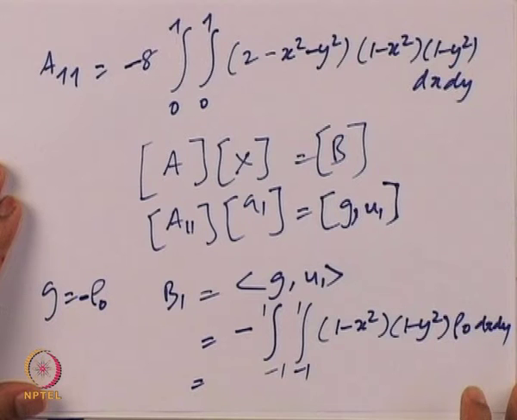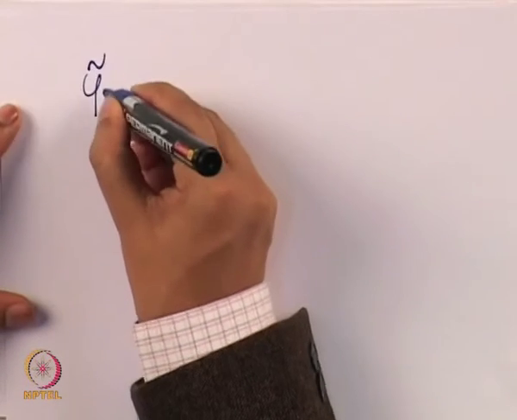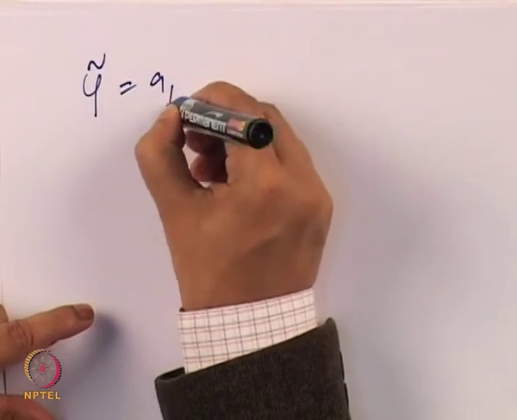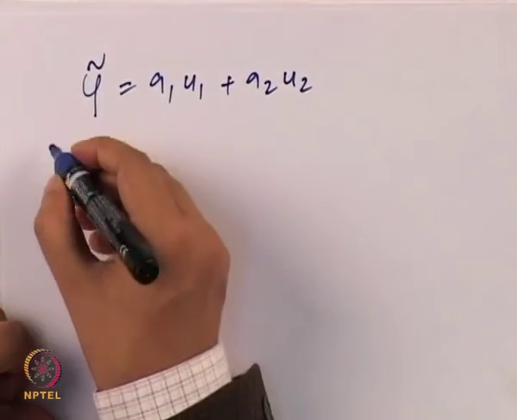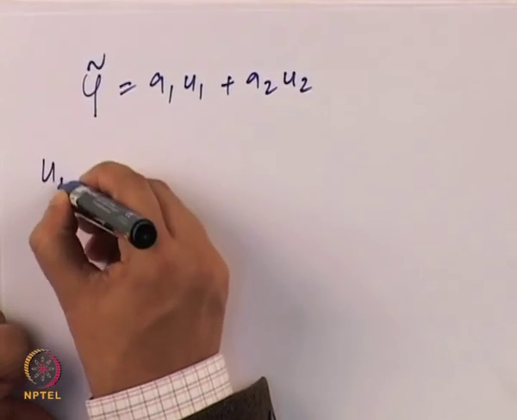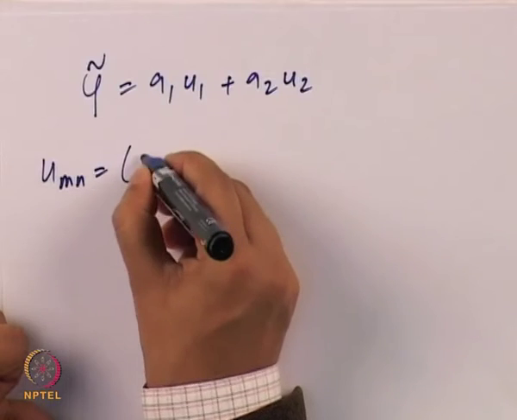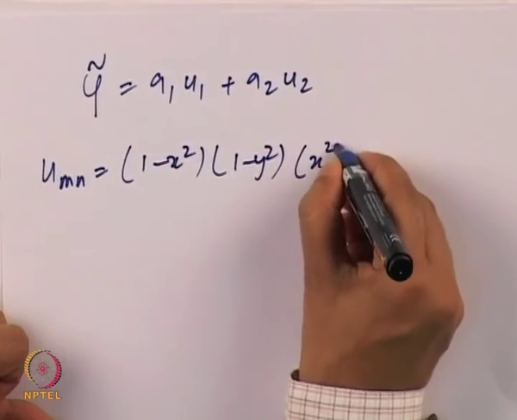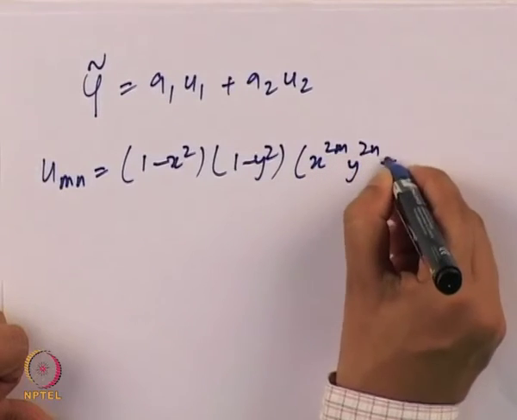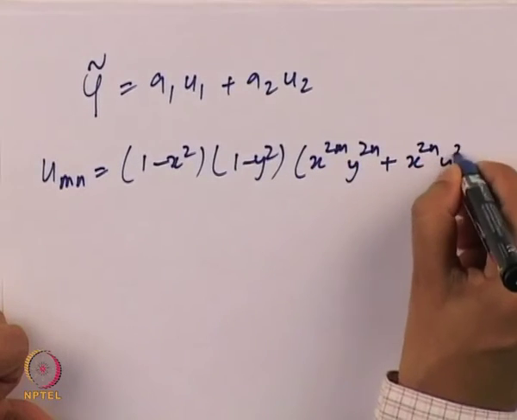Now let us look at what happens if I increase the value of n to 2, n equal to 3, n equal to 4, and so on. If n is equal to 2, you will have 2 basis functions. So phi tilde is equal to A1 U1 plus A2 U2, and you will compute the value of U2 from the general equation of U of m comma n, which we described as (1 minus x square)(1 minus y square) multiplied by (x to m y to n plus x to n y to m).